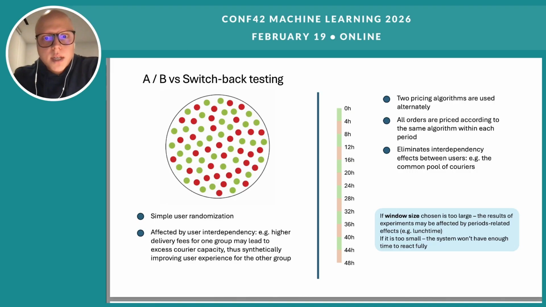In this example, I tried to highlight what that can look like. Let's say that your experiment lasts for 2 days and you split your 48 hours of the experiment into 12 blocks, each 4 hours long. And within each of them, you have either one or another setting.